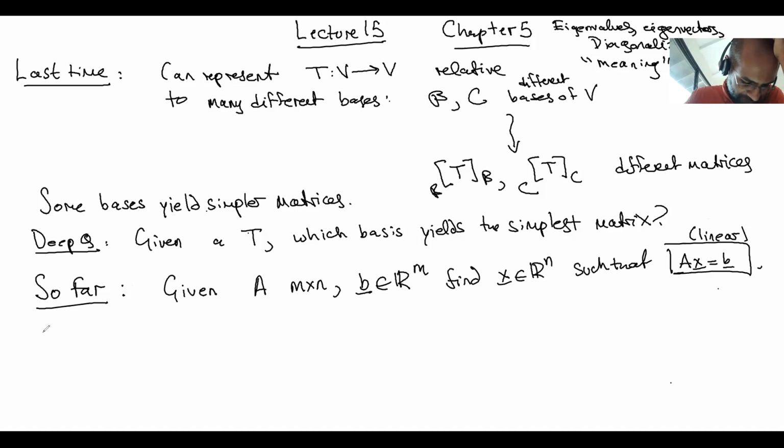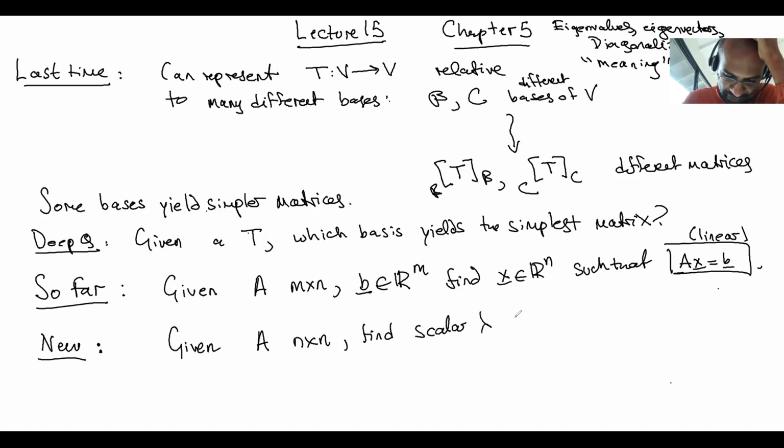And what we're going to study in chapter 5 is a different kind of equation. This is the second important equation in linear algebra. Here we're given a matrix A that's square, and we're just given a matrix, okay? And the goal is to find a scalar lambda and a vector x such that Ax equals lambda x.